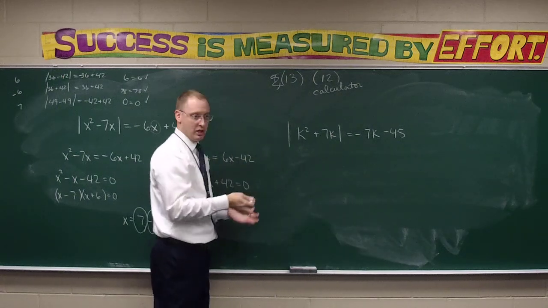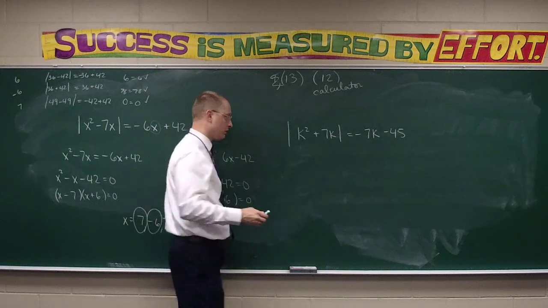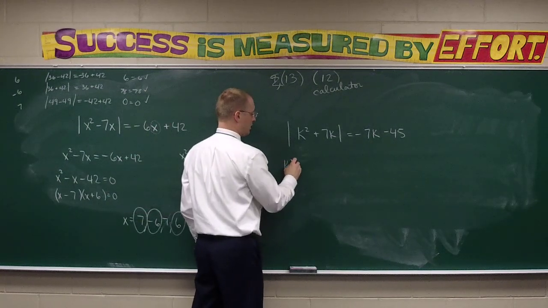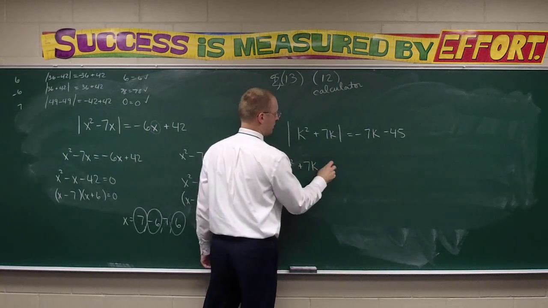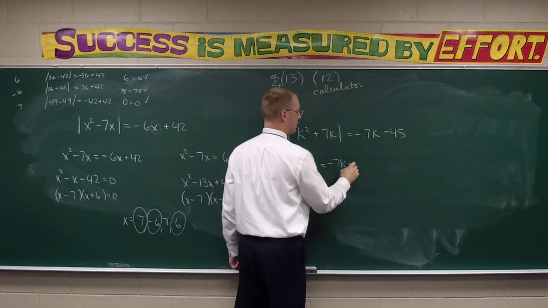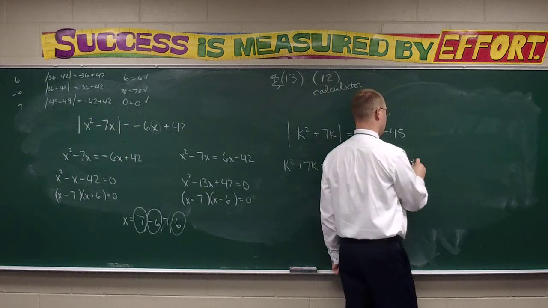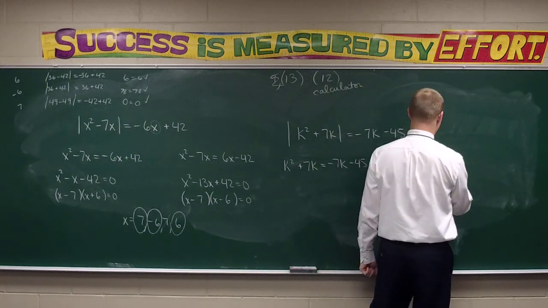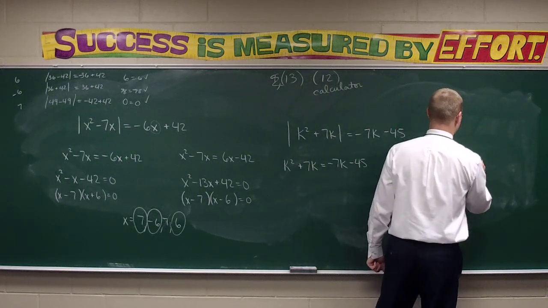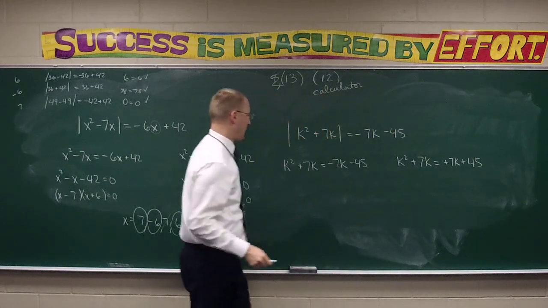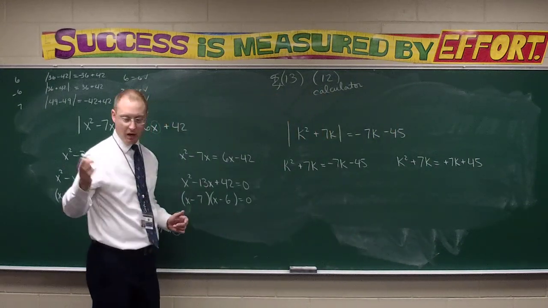We make our two equations. What are our two equations, Kendall? K squared positive 7k equals negative 7k negative 45. And k squared positive 7k equals positive 7k positive 45. All right. And from here then, Michael?